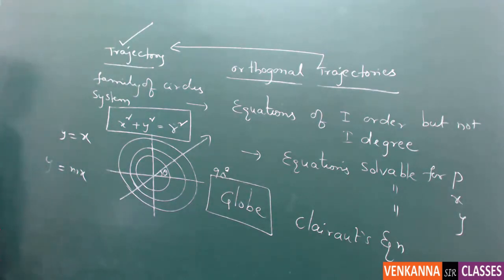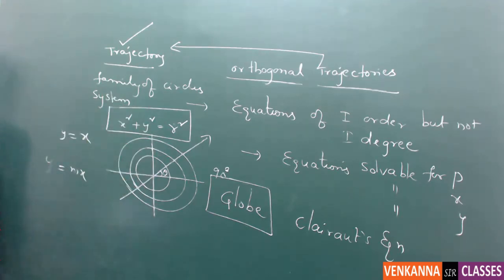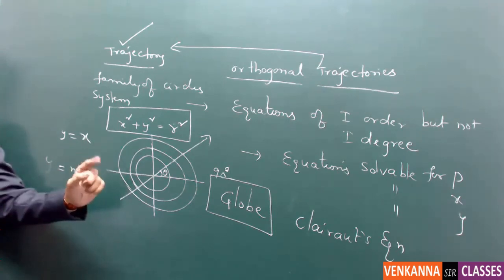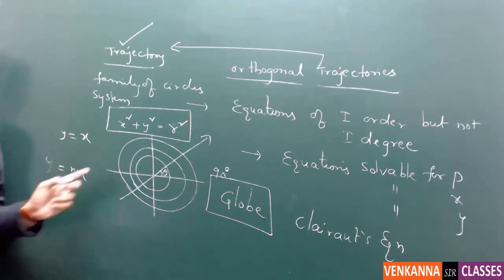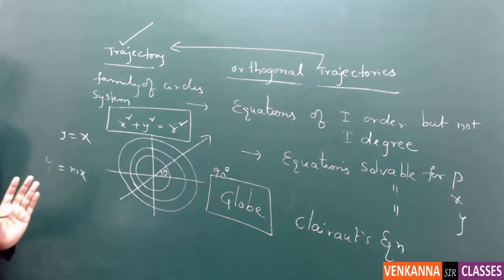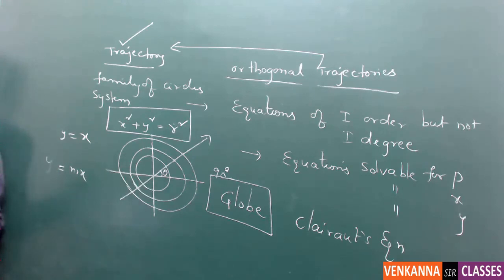So obviously it contains horizontal lines as well as vertical lines. So if you take one vertical line, it intersects each and every member of the horizontal line at right angles. Accepted or not? So we call them as orthogonal trajectories.